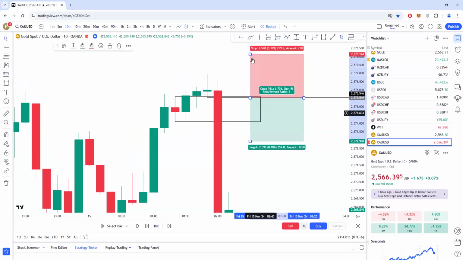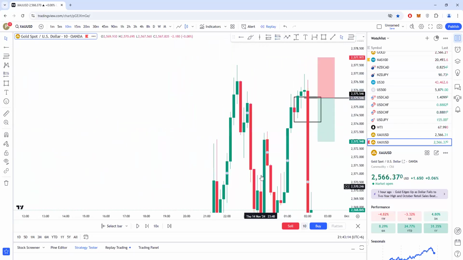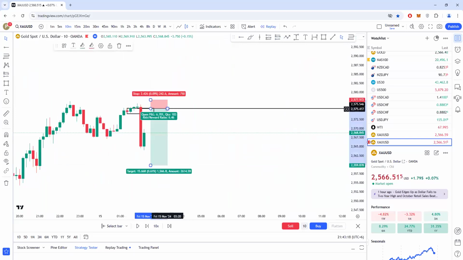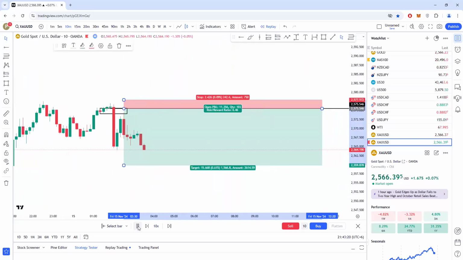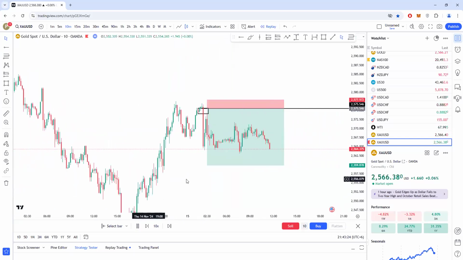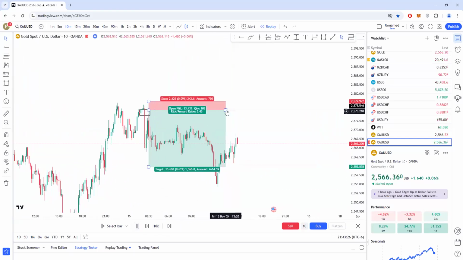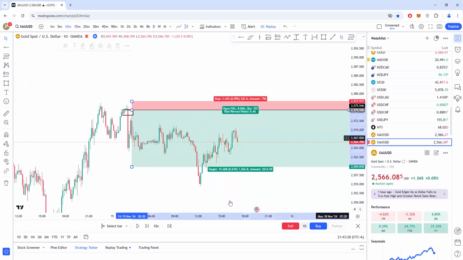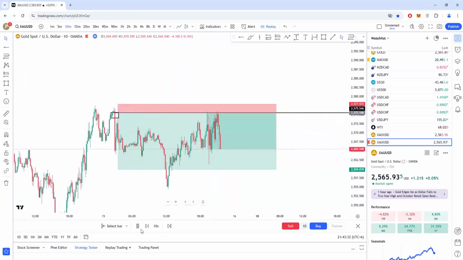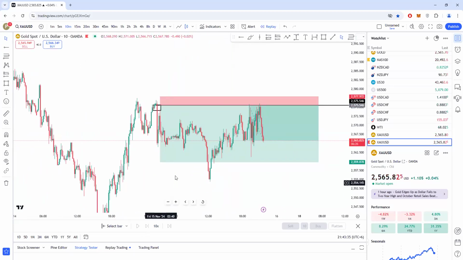What can you expect from there? Sell. This is the running market sell. No retest yet here. Okay, done.